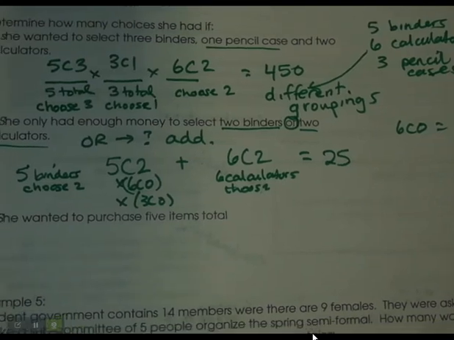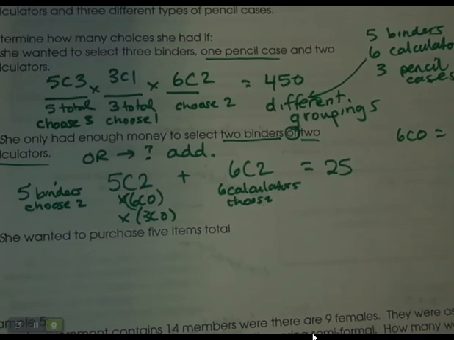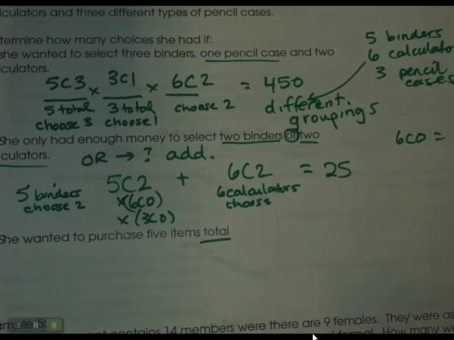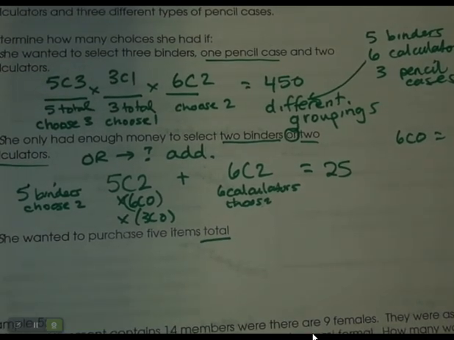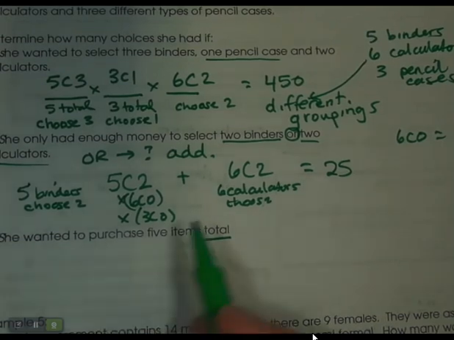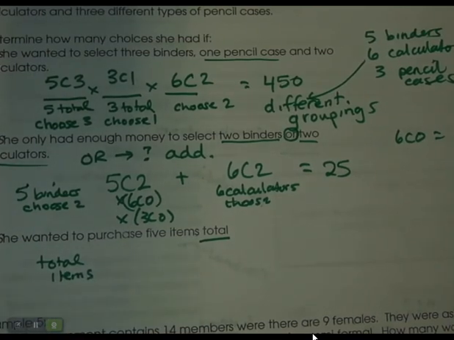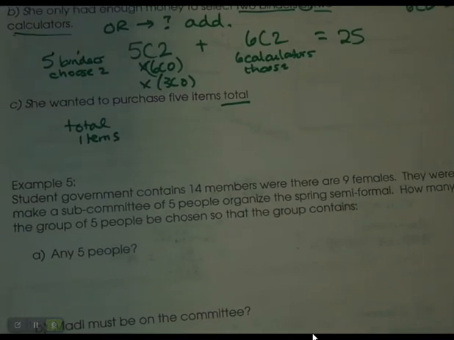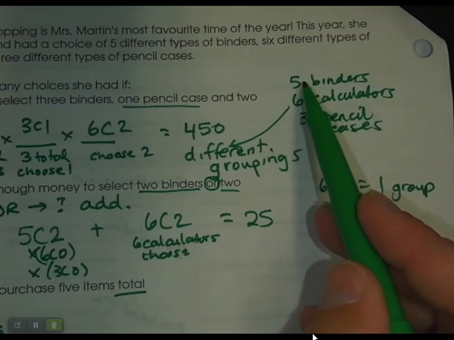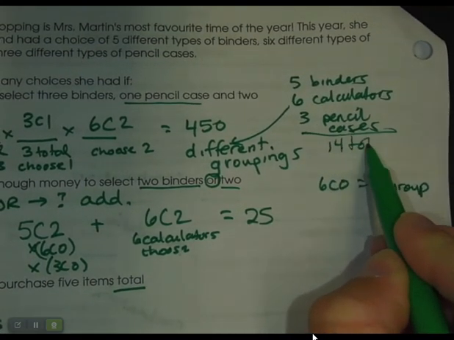All right. She wanted to purchase 5 items total. So, in our pairing here, we're talking about total. We don't care about what the items are. You're just choosing 5 items. Well, we have to figure out how many total items we have. If I look up here, I have 5 and 6 and 3.